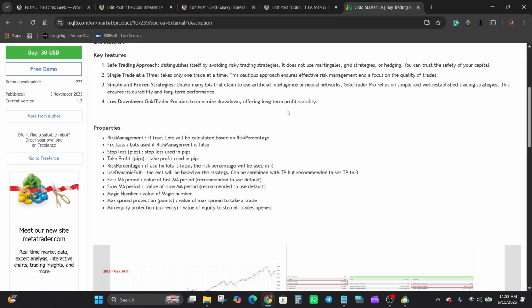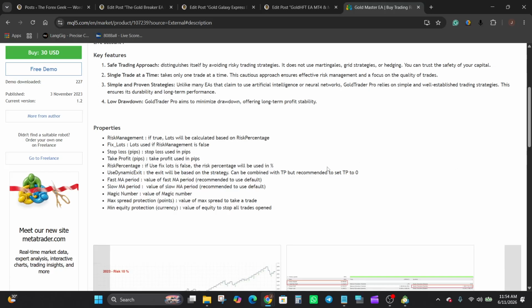There is also a risk management option where lot size can be calculated automatically based on a defined risk percentage, or alternatively, you can use fixed lot sizing. So depending on how the trader configures it, exposure can be adjusted quite flexibly.